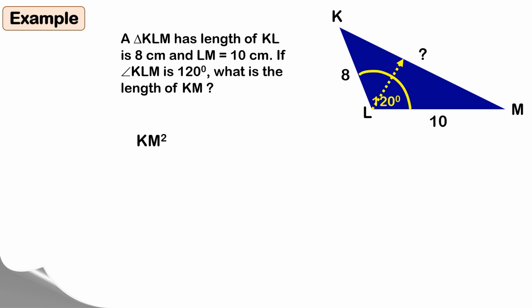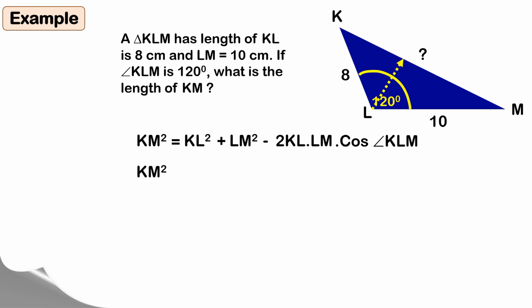So the appropriate formula starts with KM squared followed by the sum of the two sides flanking the angle, namely KL squared and LM squared, then minus 2 times the product of KL, LM, and cosine of angle L. This is the formula. We enter the data.